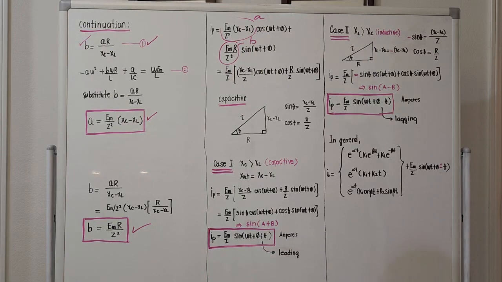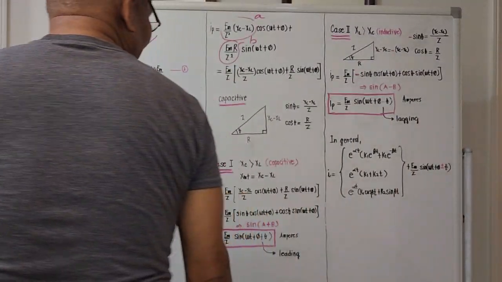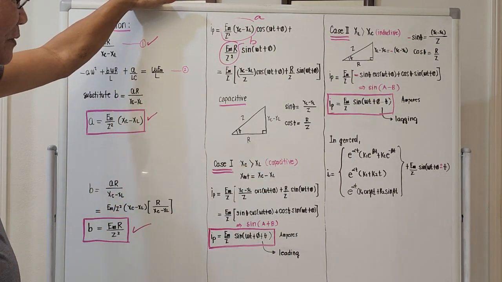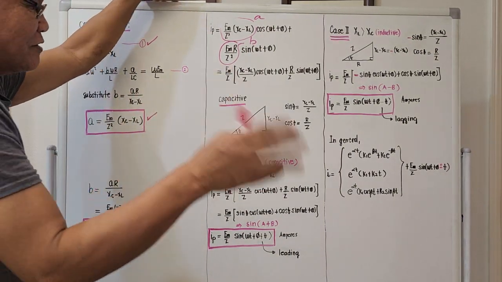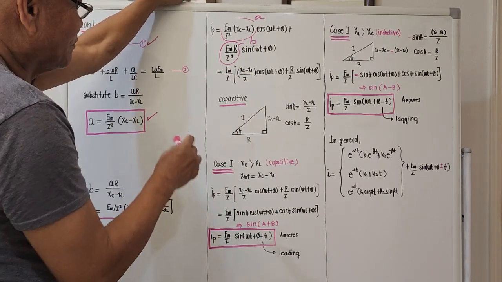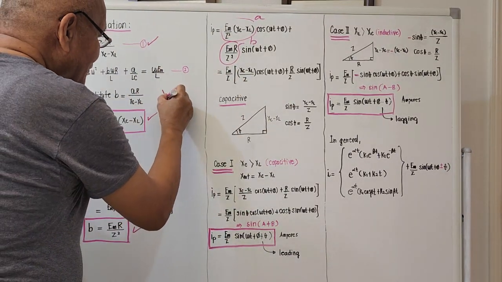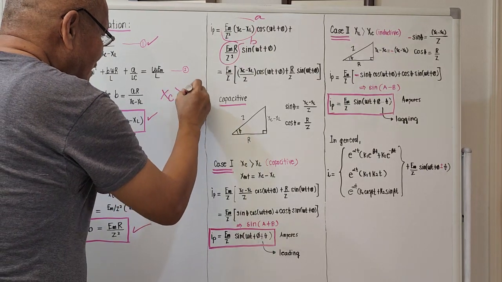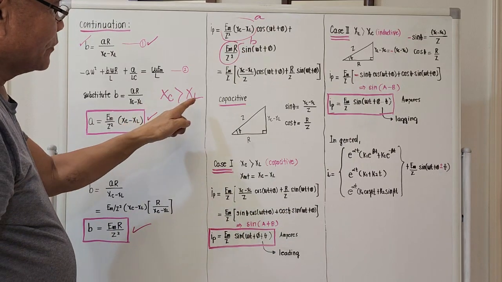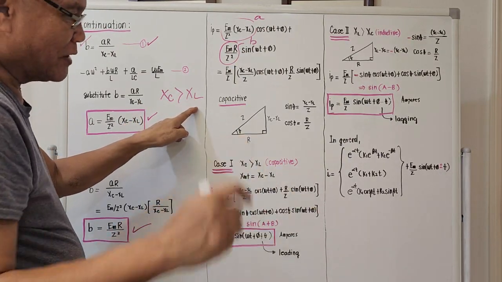Okay, let's try to bring out the two cases for the possible solutions of the particular solution. For case number one, if the circuit is capacitive, meaning the capacitive reactance is greater than the inductive reactance, X_C is the capacitive reactance, X_L is the inductive reactance.